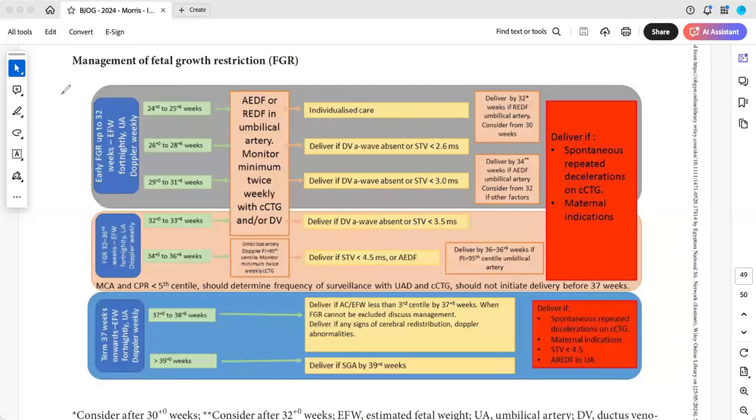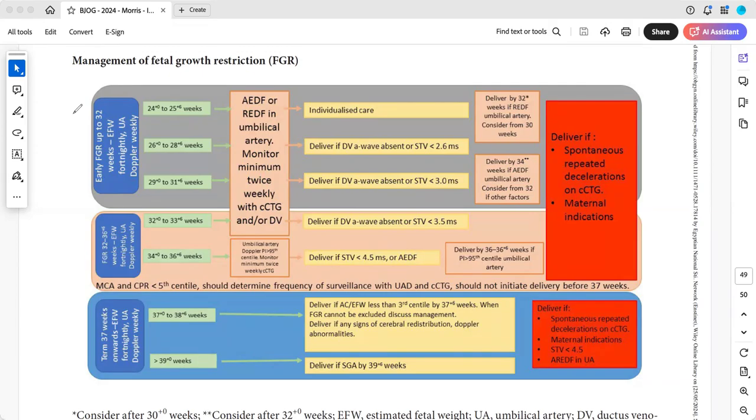So now I have a case of early FGR, which is an important definition also in this guideline. Early FGR is when the fetal growth restriction is diagnosed or discovered before 32 weeks. Do you think this is a favorable outcome? Is it a good thing to have fetal growth restriction very early?